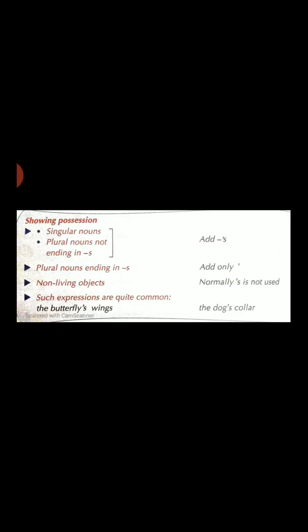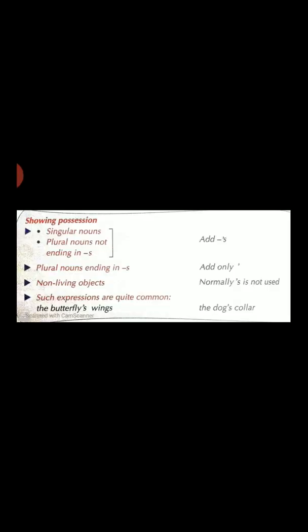Singular nouns that end with s, we only add an apostrophe to the noun. For example, Tejas, school of Tejas is in Malviya Nagar. How will I write it? Exactly. Tejas and an apostrophe.